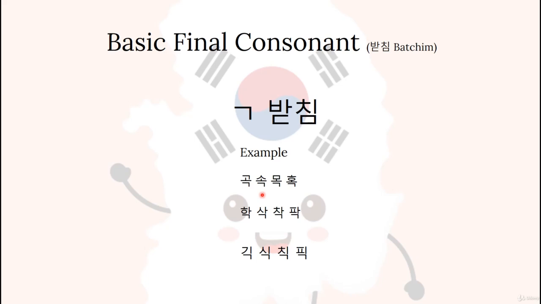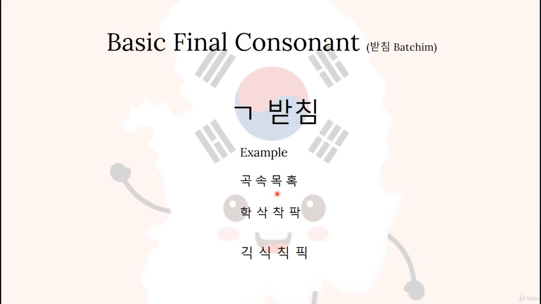If you have any problems, just go back to lesson one and lesson two and review them, okay? That's really important. Okay, so this is 소 and the 기역 받침, putting the basic final consonant underneath, and that becomes 속, not 소그, okay? It's 속. Make sure you drop the G sound at the end.